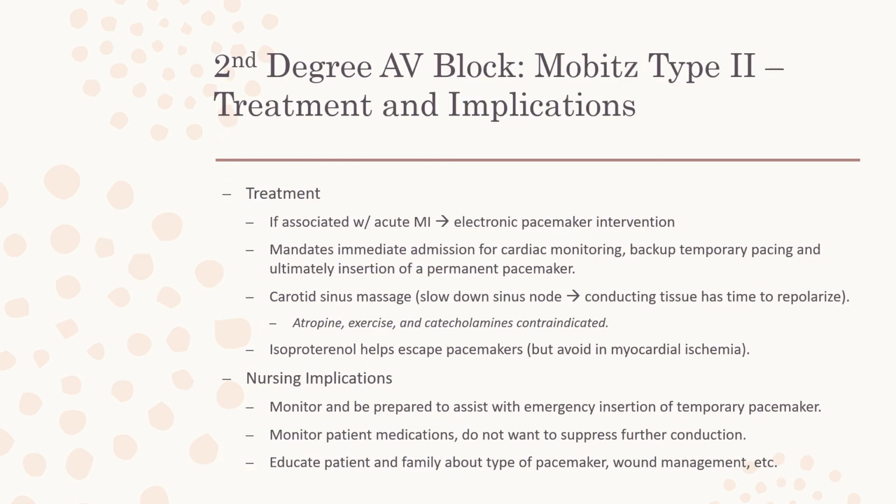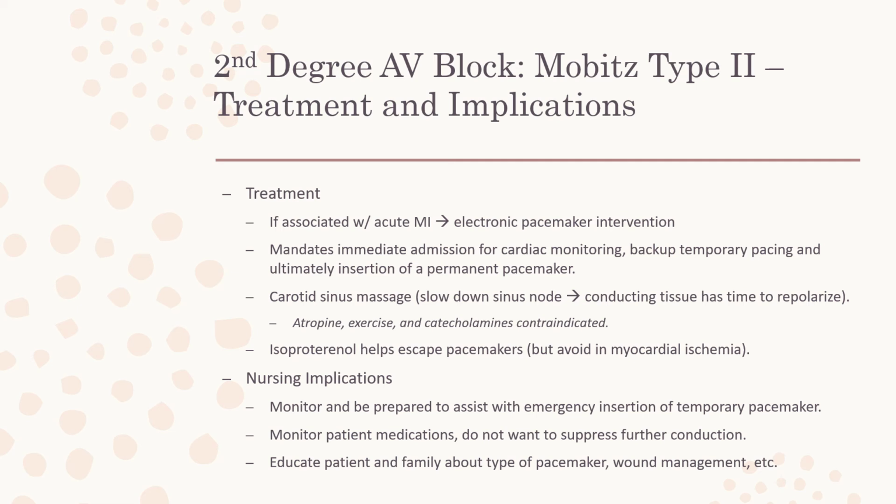So the treatment for second degree type 2, if it's associated with an acute MI, we're going to put a pacemaker in this patient, electronic pacemaker intervention. It mandates immediate admission for cardiac monitoring, backup temporary pacing, and ultimately insertion of a permanent pacemaker.